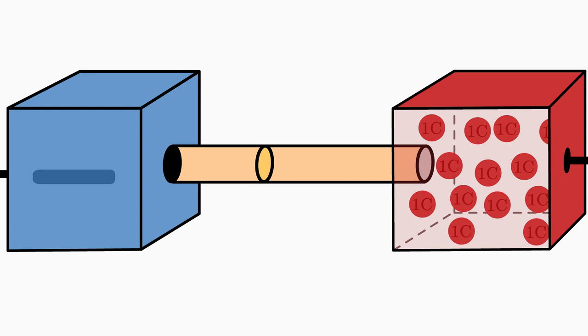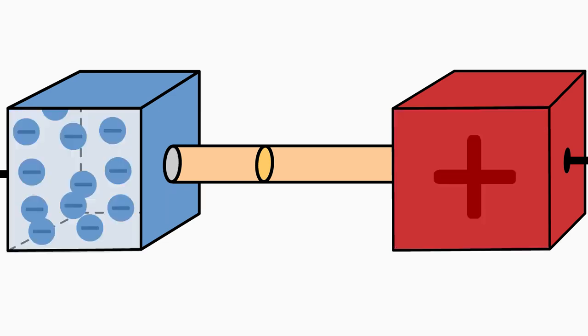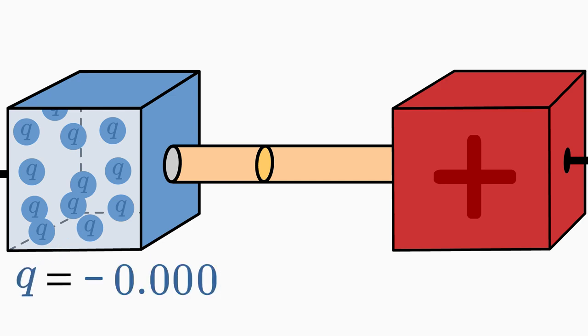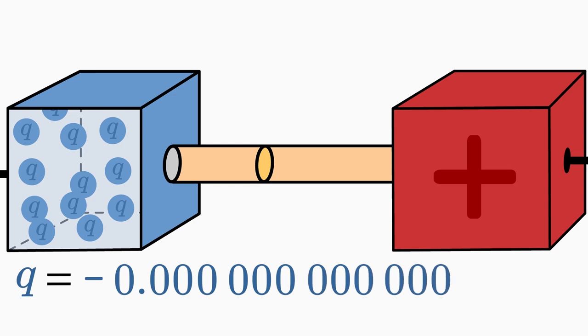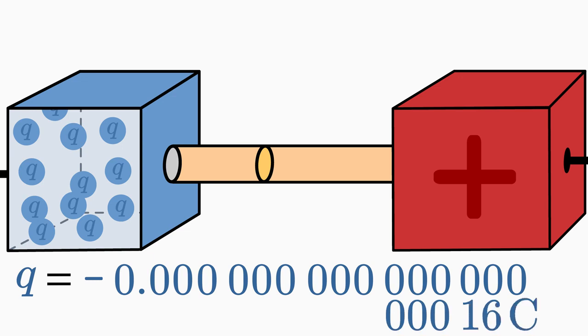In our thought experiment, we assigned a random value of 1 coulomb to the positive particles. But in reality, the particles carry a much smaller charge. Usually, the negative electrons are responsible for the electric current in conducting wires. They carry a tiny negative charge, namely minus 0.000000000000000000016 coulomb.